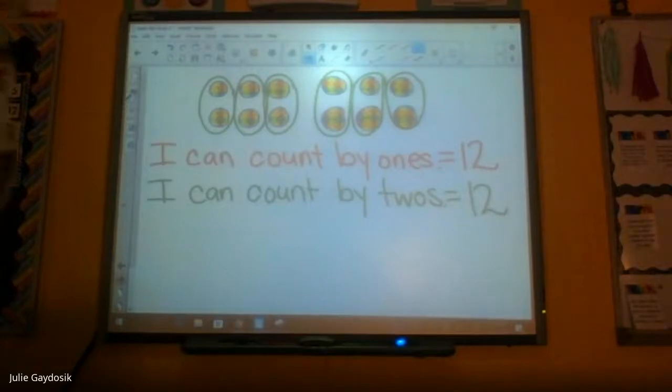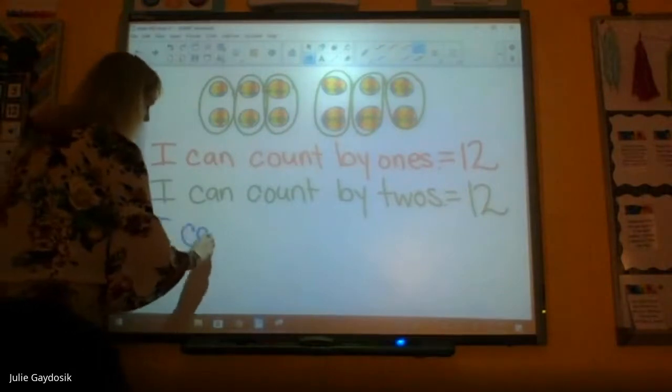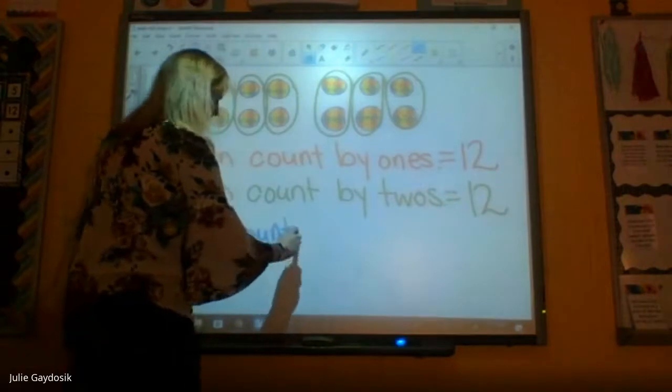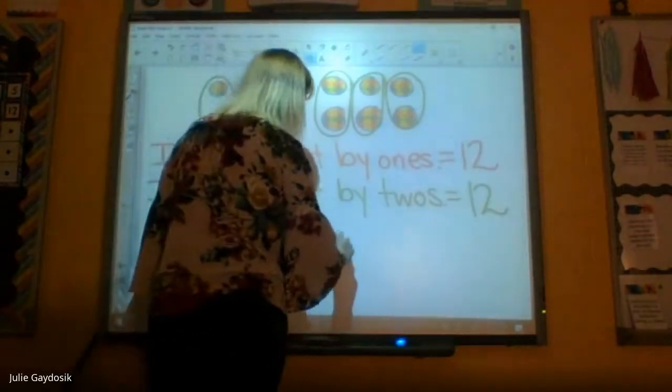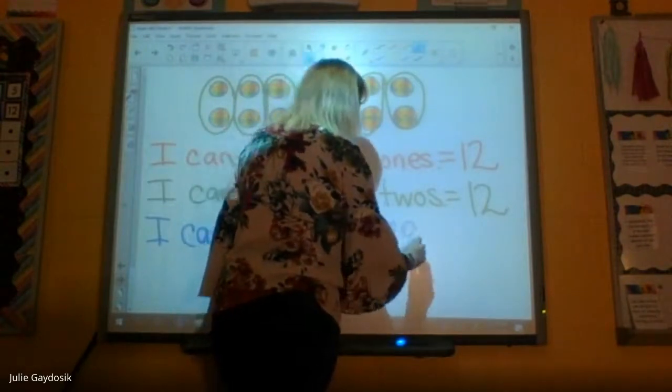Then the last way I thought is I can count by using addition.